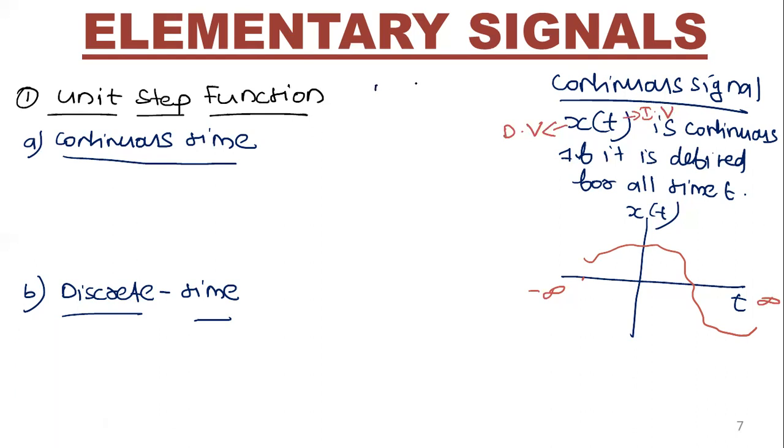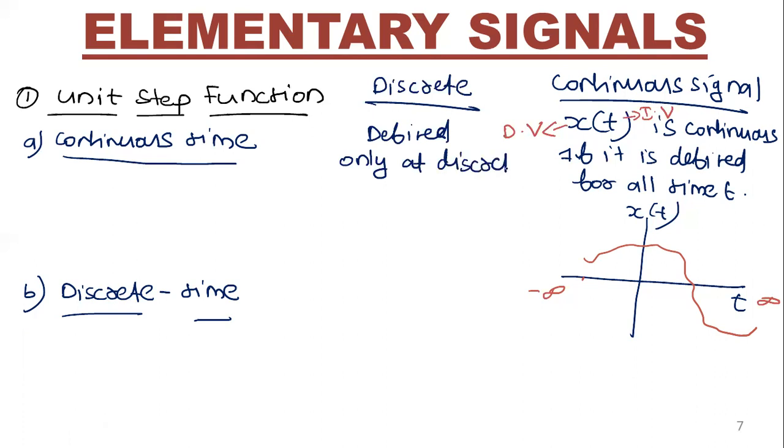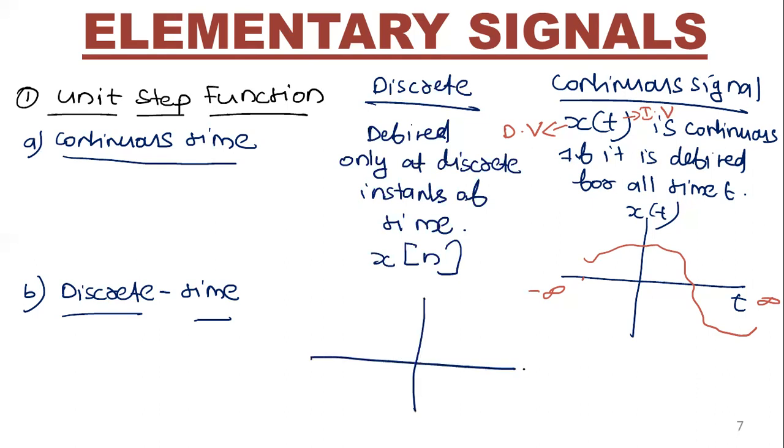Discrete signal means it will be defined only at some intervals, only at discrete instances of time, and it is represented by x of n. So graphically, how will we represent a discrete signal x of n?